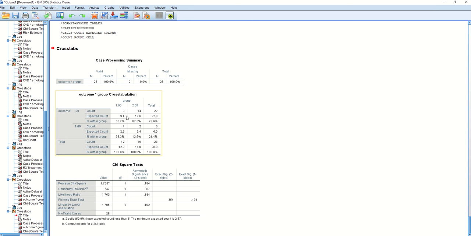So the expected count for this cell is 9.4, 12.6 for this cell, and here we go, we have 2.6 for this cell and 3.4 for this cell. So as we were told previously, 2 of the cells have expected count less than 5: the 2.6 for this cell and the 3.4 for that cell.